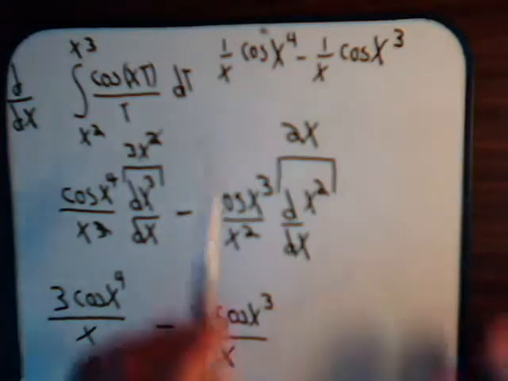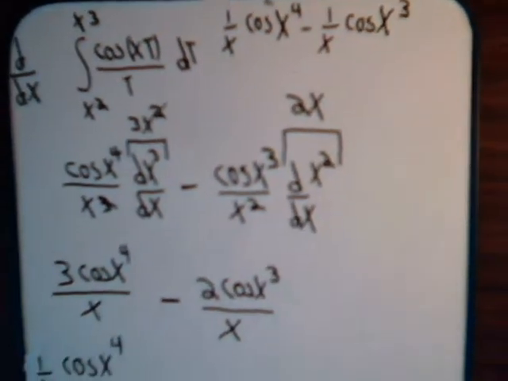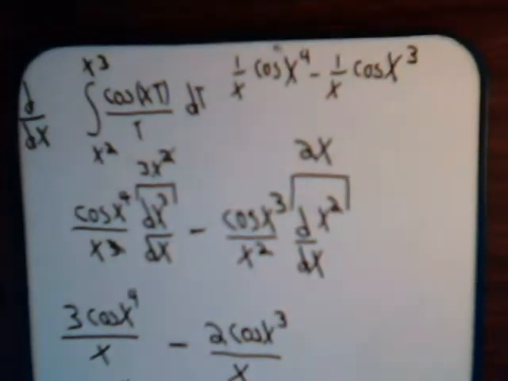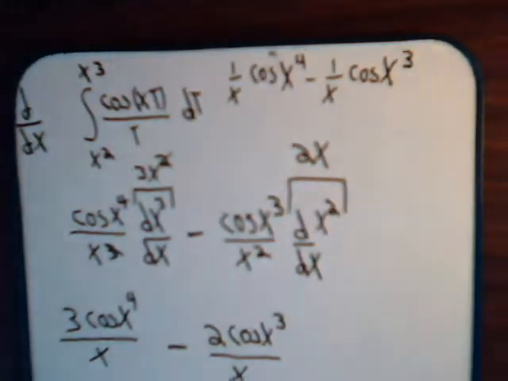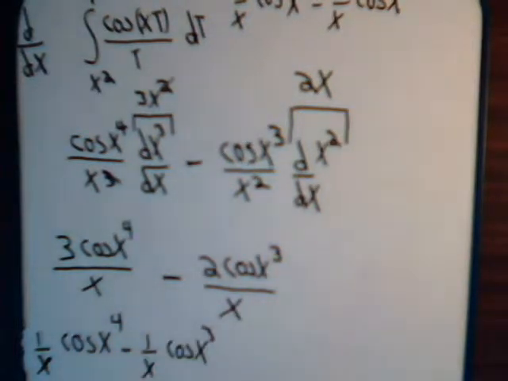So let's write all the terms out together. We'll take these first. We have 1 over x cosine x to the fourth. This is this term, then we have minus 1 over x times the cosine of x cubed.